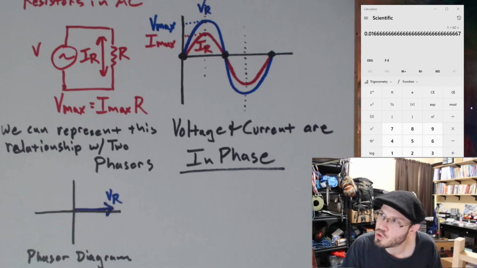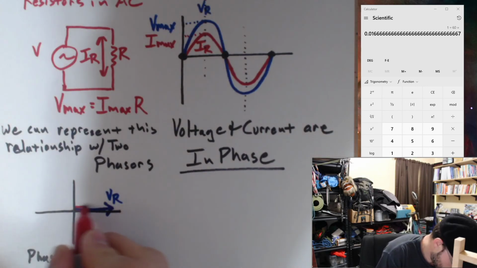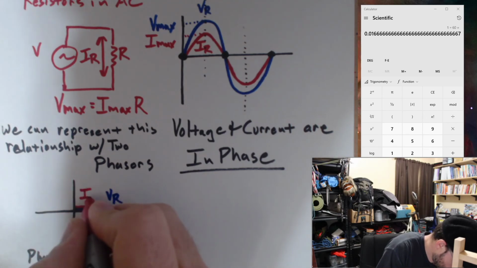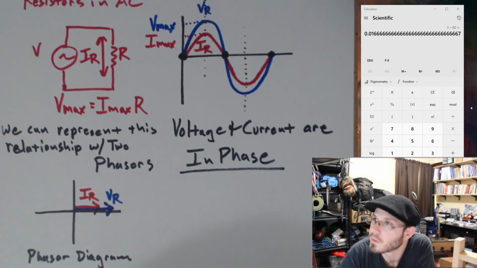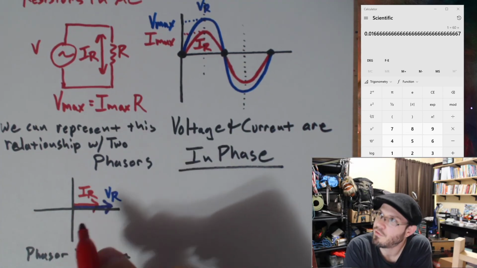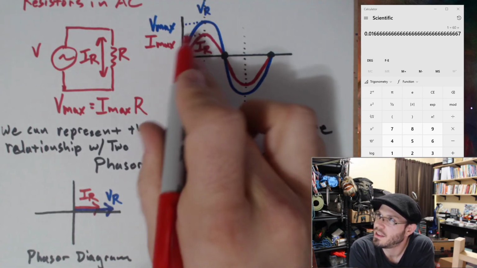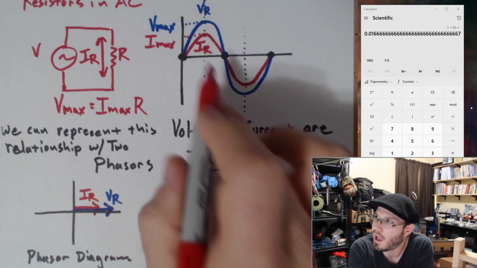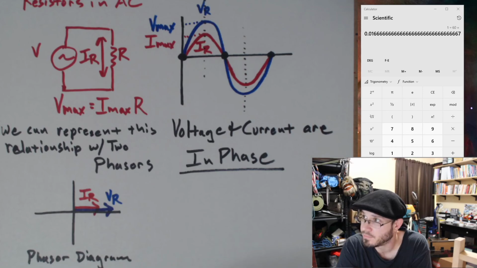And then I'll draw another phasor to represent the current. So it's kind of a very clever way in order to represent the relationship of the phase of these two sine waves.